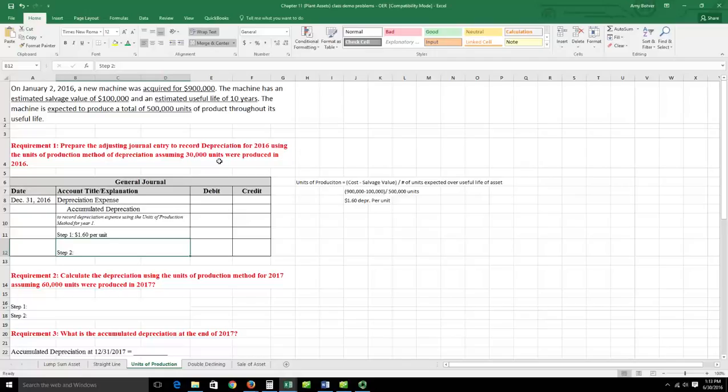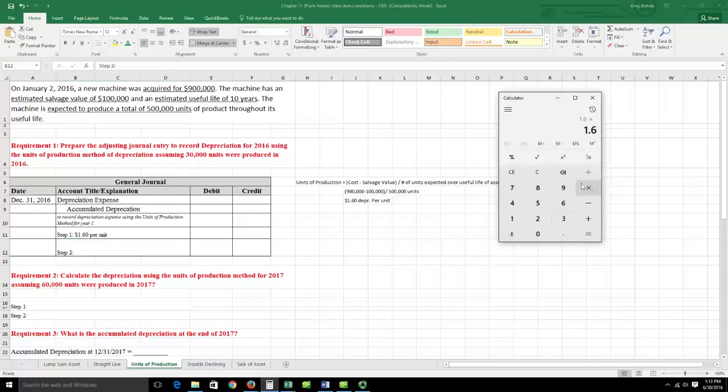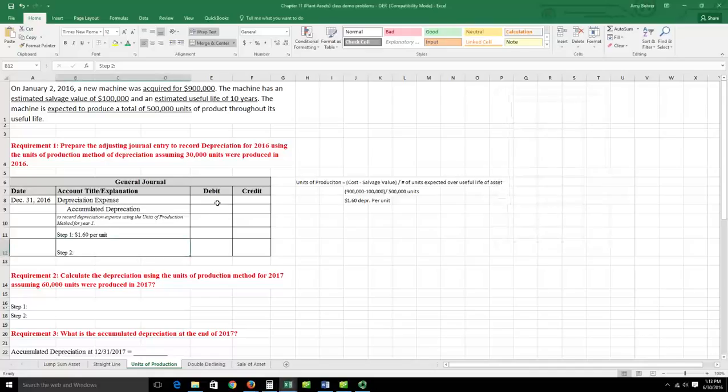So you can see the units of production method is a little more accurate than the straight line method, because we're actually multiplying this amount times the number of units that were actually produced. For this example, the units produced during 2016 was 30,000 units. So we can take that $1.60 and multiply it times the 30,000 units we actually produced. So $48,000 is going to be the amount of our journal entry.